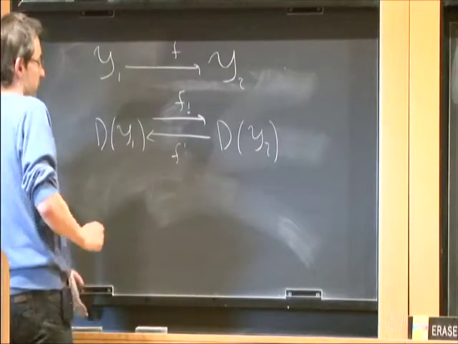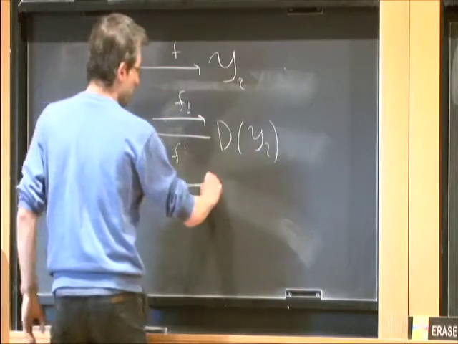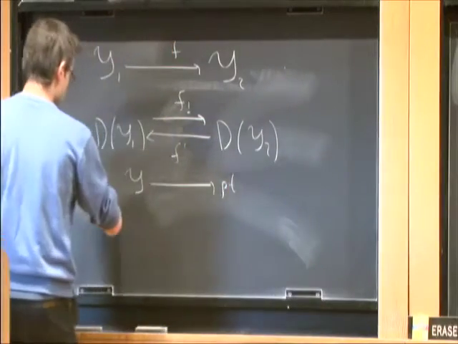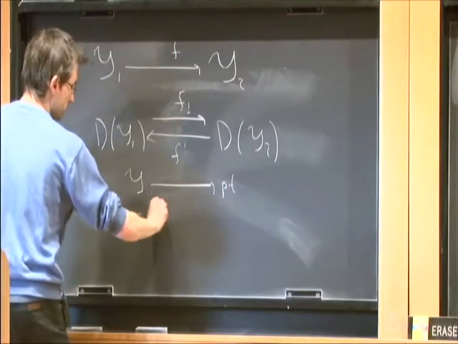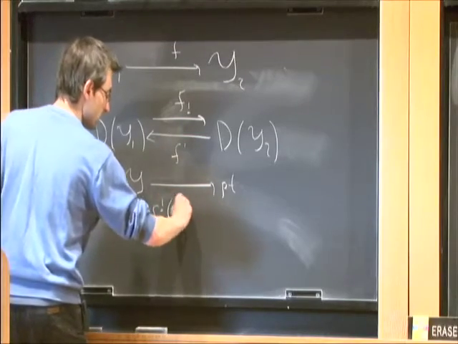Now, in particular, any pre-stack maps to the point. And we define the dualizing sheaf as just this upper shriek of the constant sheaf on the point.